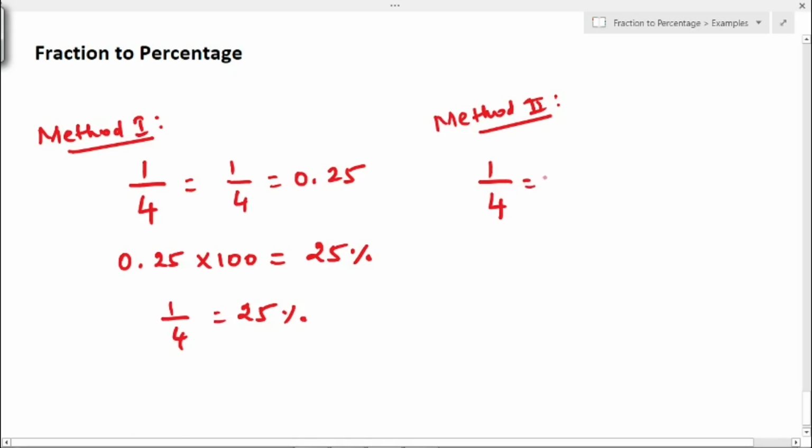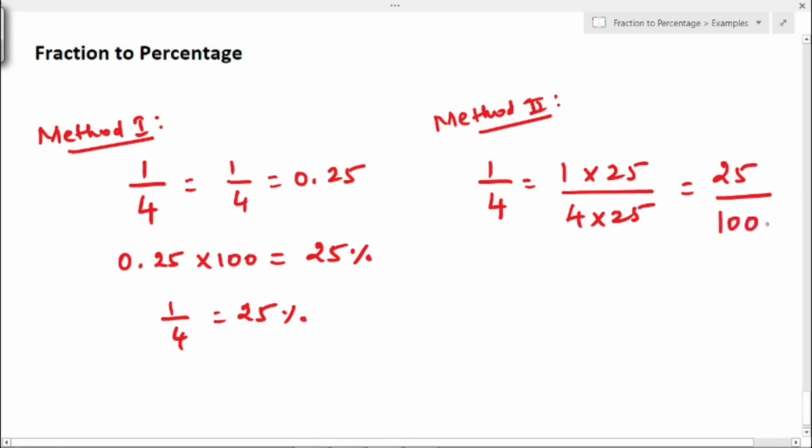So we have to multiply both the numerator and denominator with 25. That is 1 into 25 divided by 4 into 25, because we want the denominator value to be 100. For that only we are multiplying with 25. So the numerator, 1 into 25, is 25, divided by 4 into 25, which is 100.